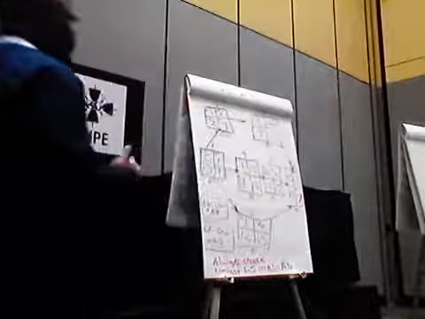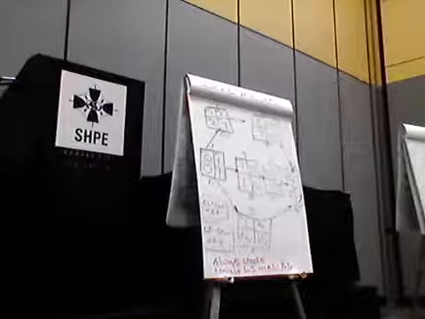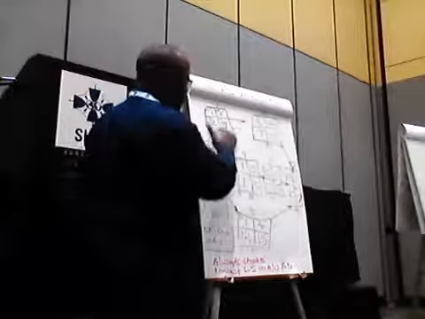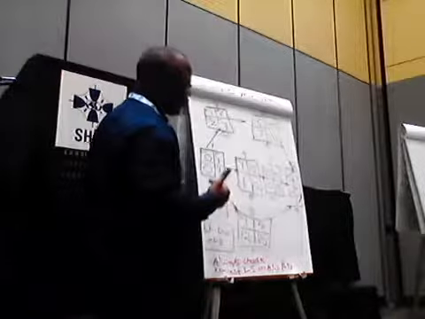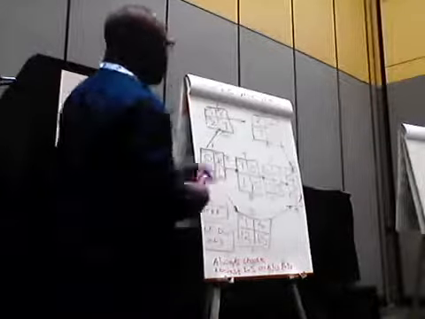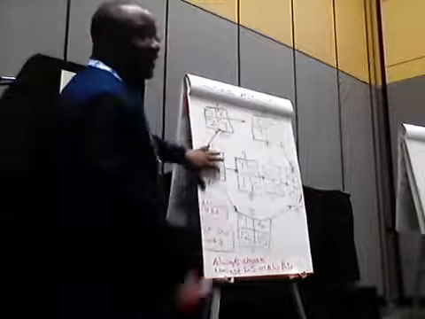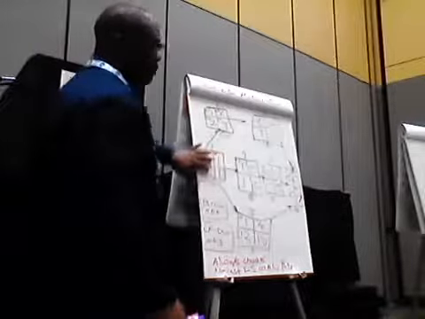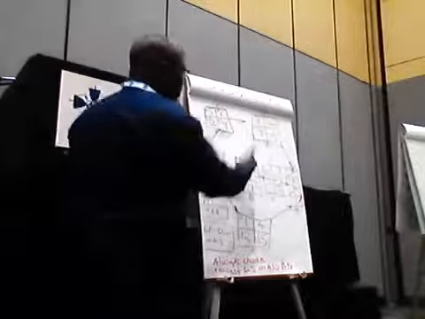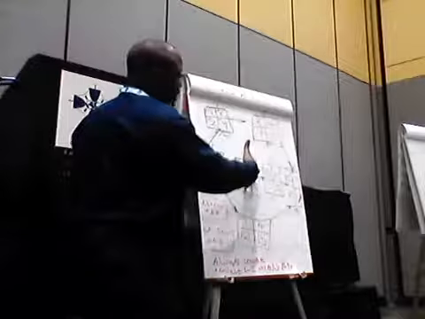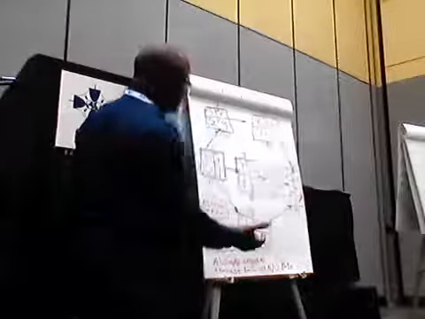Now what you've done here, you've done a forward pass and a backward pass. This is showing you the earliest time you can start an activity and the latest time you can start an activity. But beyond this, there are also things called slack or float, which show you how much time you can delay an activity without affecting its successor activity.